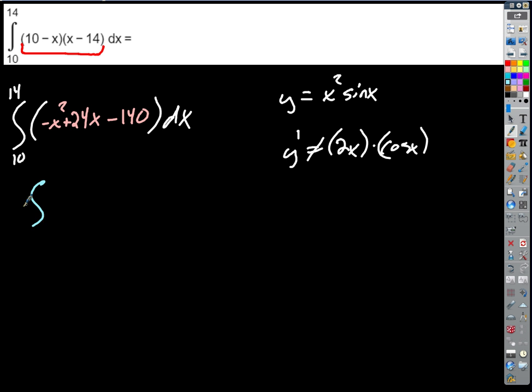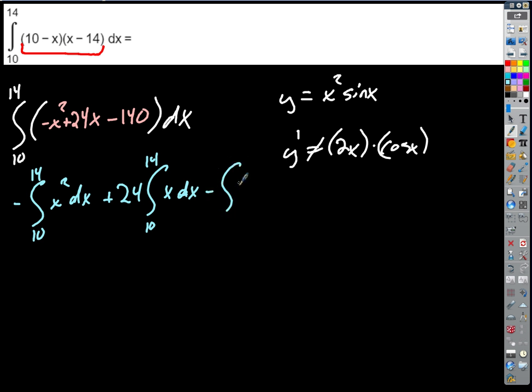We're going to get the integral of negative x squared from 10 to 14, plus 24 times the integral of x from 10 to 14, minus the integral of 140, and I can either pull the 140 out front or leave it inside, it doesn't really matter in any of these cases.